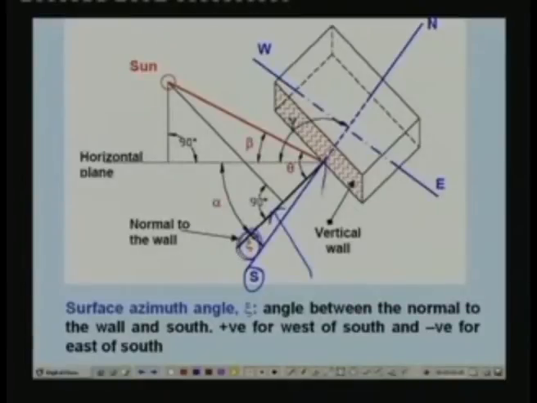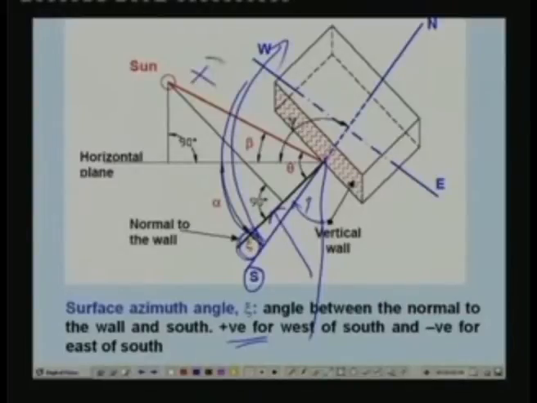If the normal is somewhere here, let us say, then zeta becomes this. That means zeta is always defined with reference to the south direction and the normal to the surface. The normal to the surface obviously depends upon the orientation of the surface and the direction in which the surface is facing. And the convention here is that it is taken as positive for west of south. That means for all these directions, this is the south, so on all these directions, you take zeta as positive.